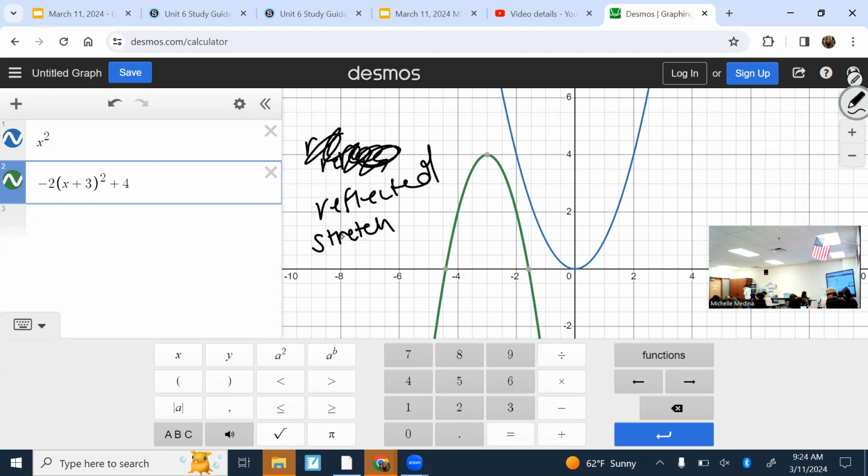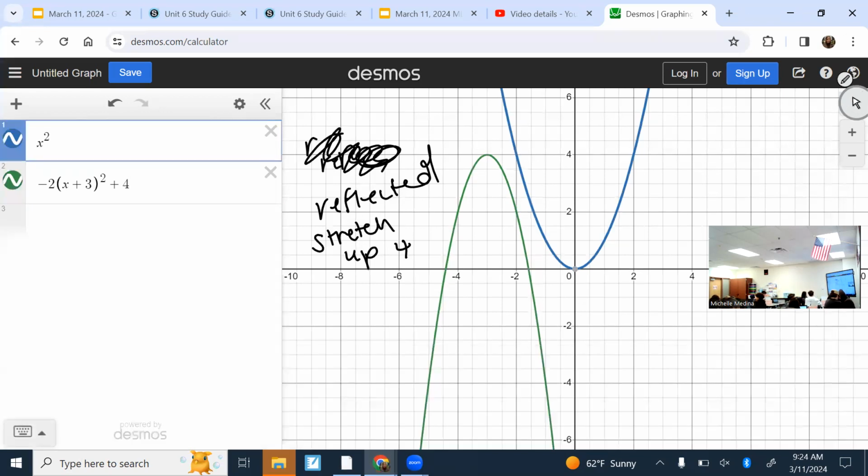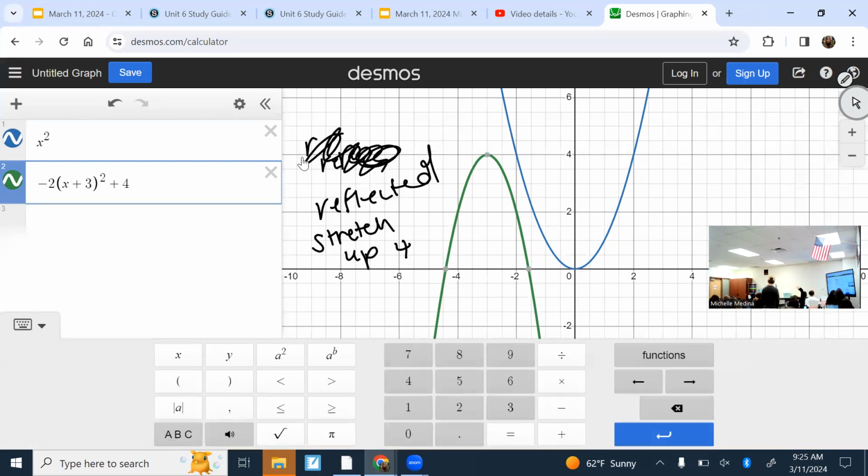Table 7, give me another thing that changed about it. It goes up 4. And then table 8, anything else that changed about it? A really good way to tell is to compare the vertex. So it went from 0, 0 to -3, 4. So look what happens if I take this away.